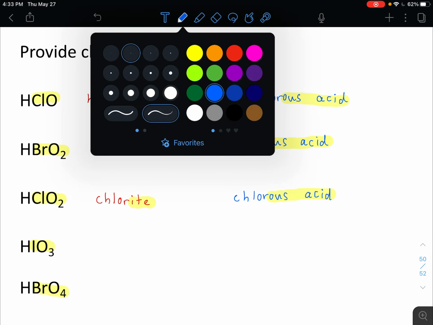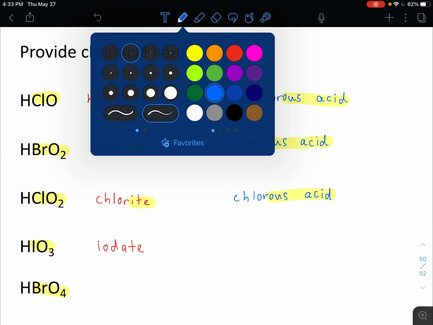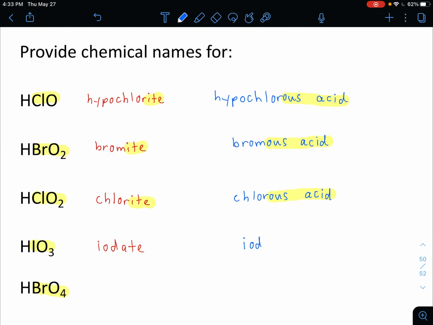Then the next one's just the parent, right? IO3, that's iodate. And so that simply becomes iodic acid, ATE, ic acid. And lastly here we have not bromate, but perbromate.